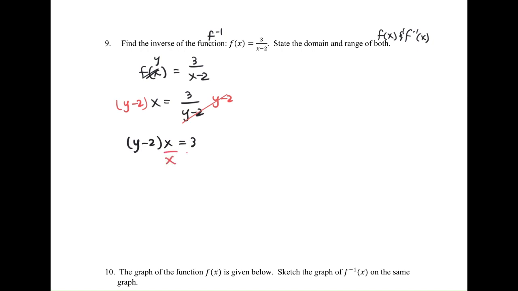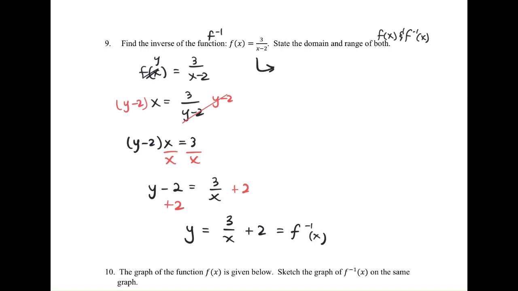Now we can divide by x. What that's going to give us is y minus 2 is equal to 3 over x. And now we can add 2. That's going to give us y equals 3 divided by x plus 2. And this is equal to the inverse.